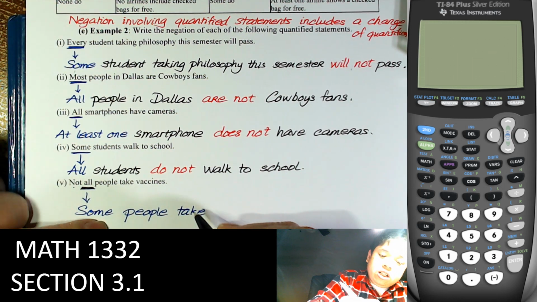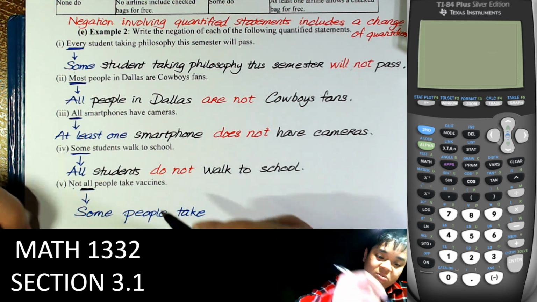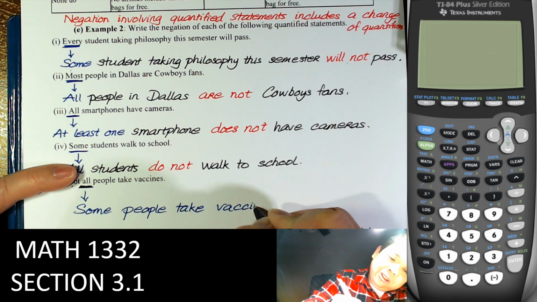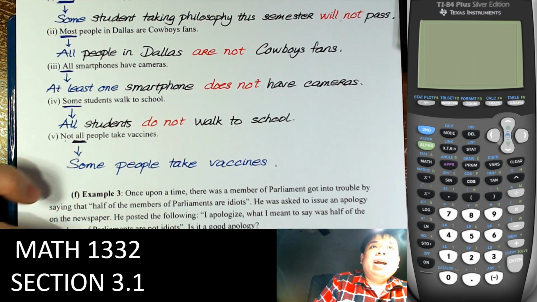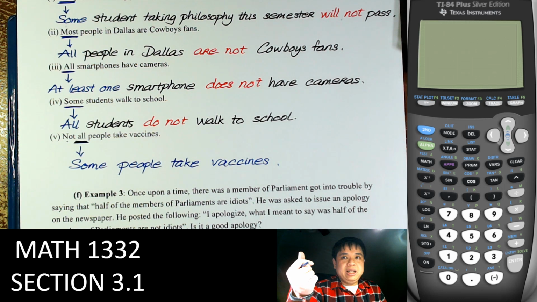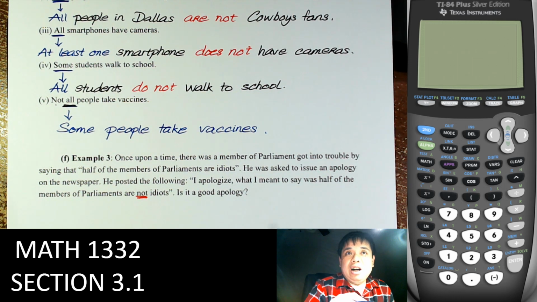So we take out the "not" and change the quantifier. So that's good. Right, so change the quantifier, change the negative meaning.